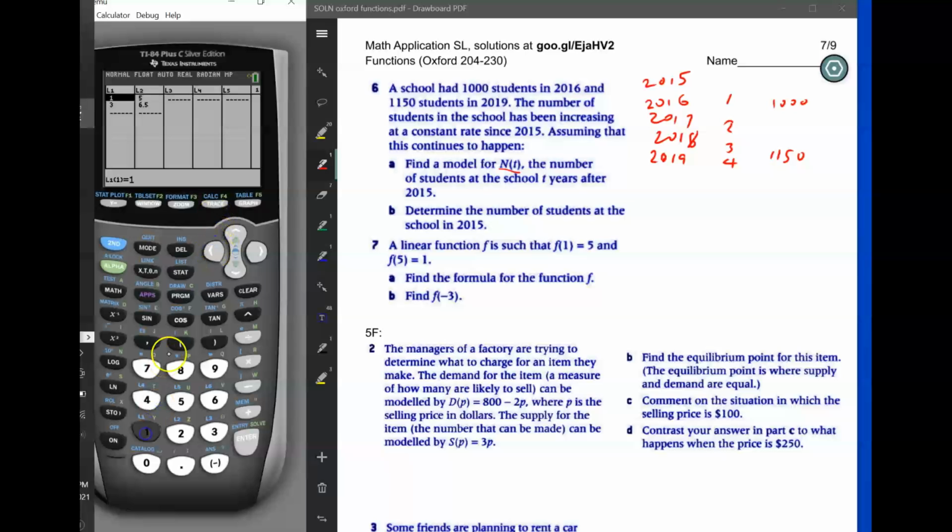So we're going to put 1, 1,000, and 4, 1,150. Stat, calc, lin reg. This is going to give us our model.